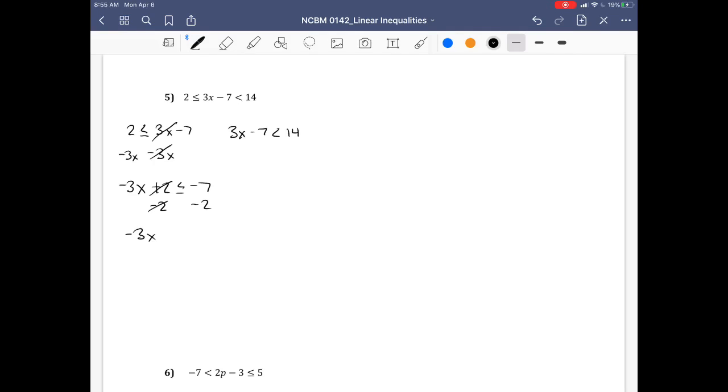Negative 3x less than or equal to negative 9, divided by negative 3 on both sides. Since I divided by a negative 3, I must change the direction of the inequality. Then same thing, plus 7 to both sides.